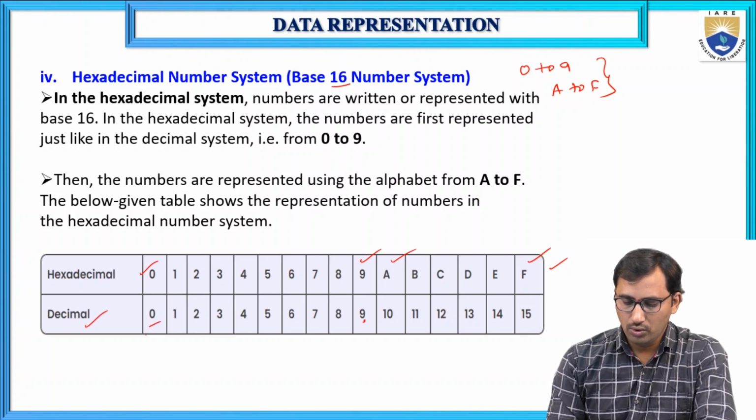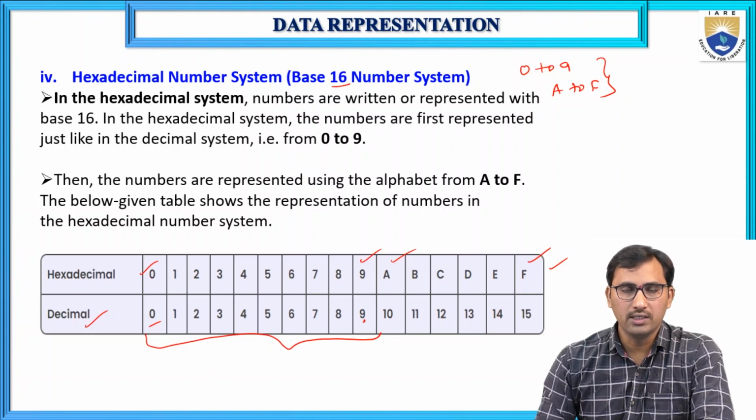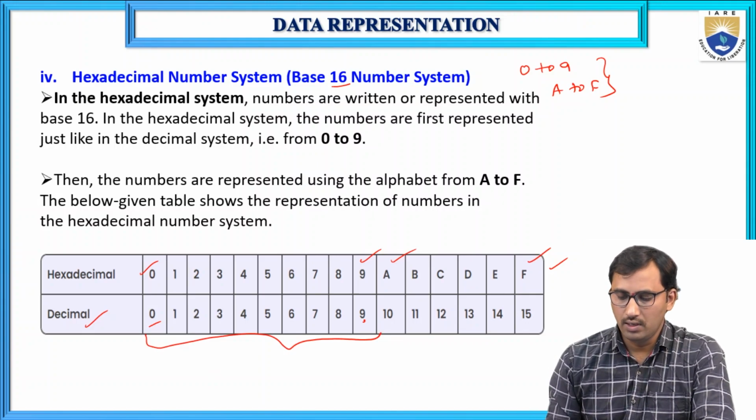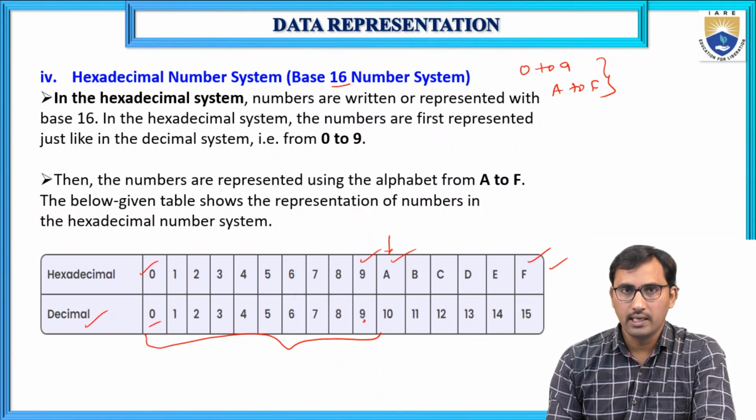So the representation of 0 to 9 is the same in both decimal as well as hexadecimal. But from 10 onwards, it is different. So 10 in decimal corresponds to A in hexadecimal, 11 in decimal corresponds to B in hexadecimal, and so on up to 15. So 15 in decimal corresponds to F in hexadecimal.